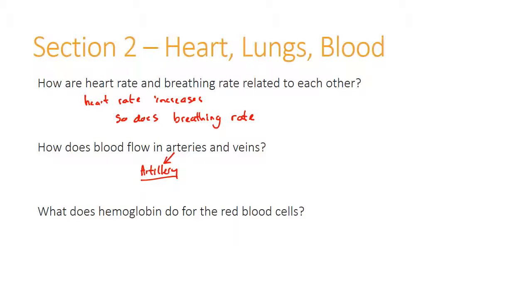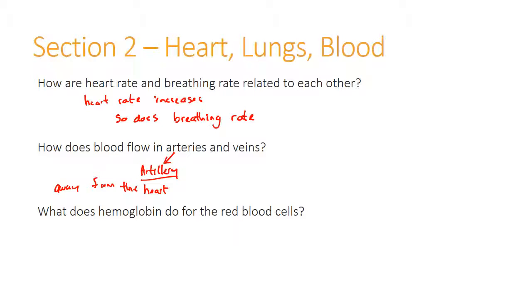And if you have giant cannons and you're in the military, the last thing you want to do is point them at yourself. So these always point away from the heart. Always, always, always. They point away from the heart. Blood flows away from the heart.